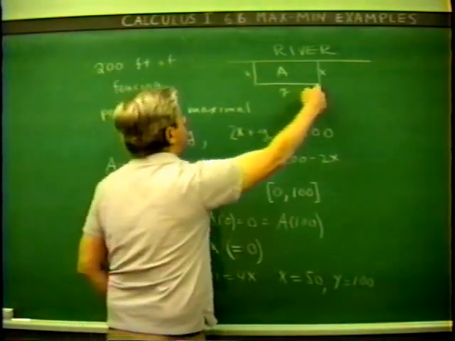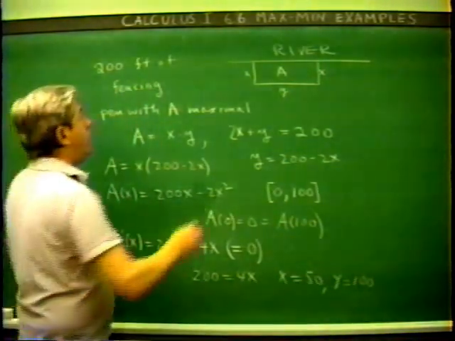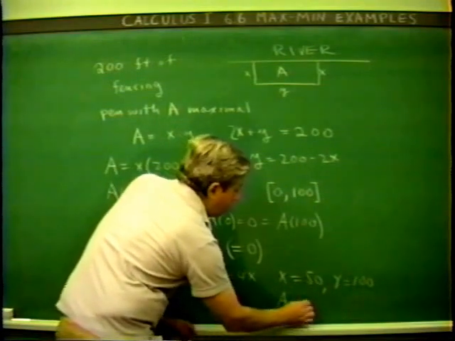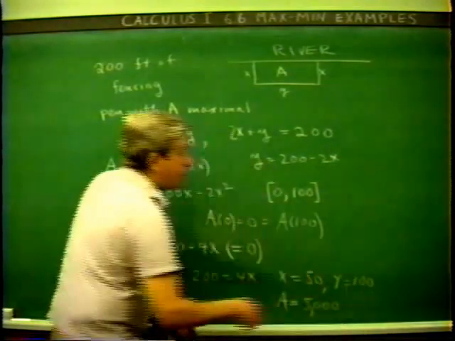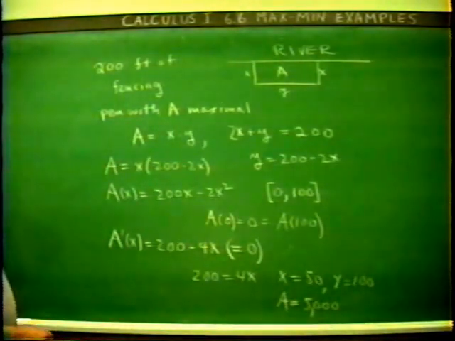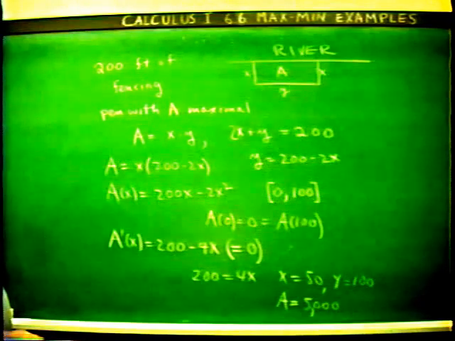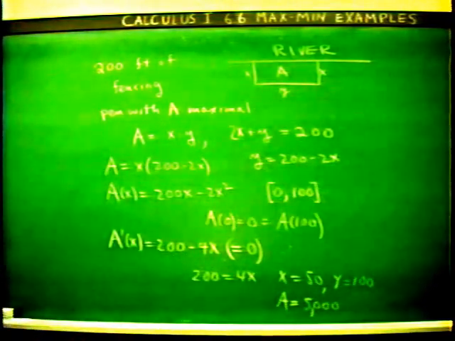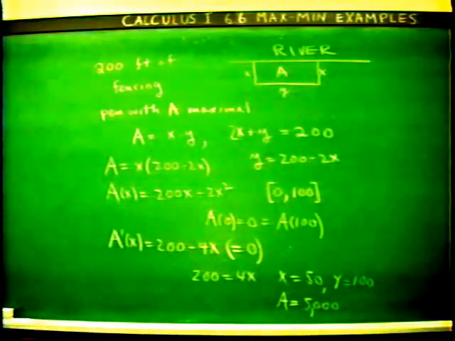So the way to maximize this area is to run this out 50 feet, over 100 and up 50, and the resulting area you're going to get is 50 times 100, or 5,000 square feet. Okay, so there's the first example of a maximum-minimum problem.